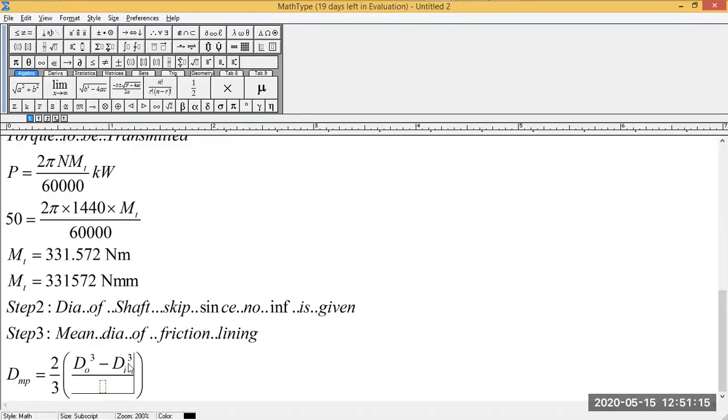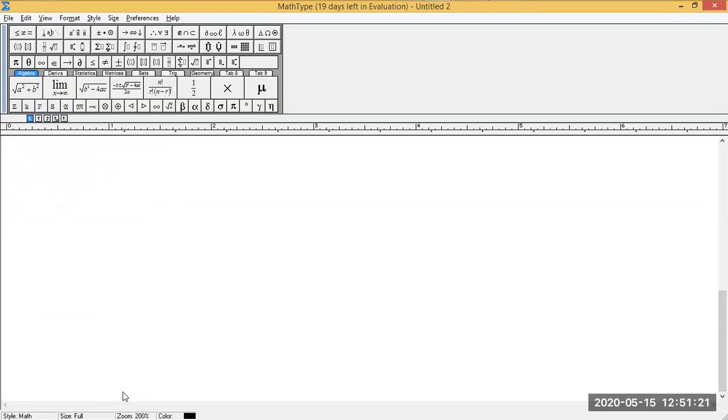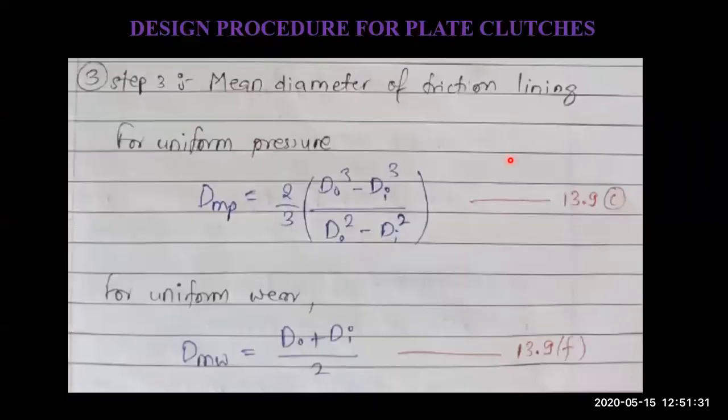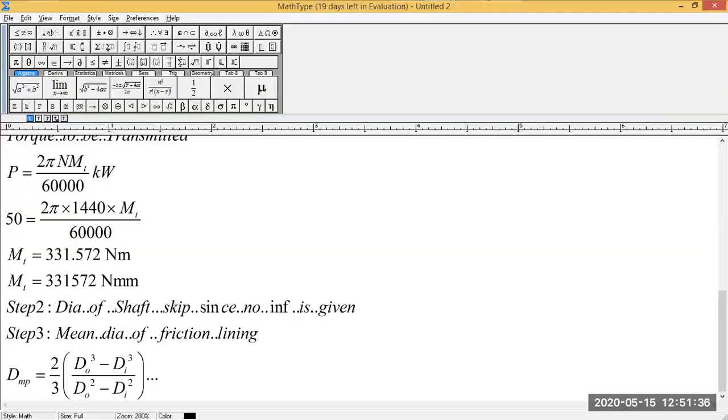I'll just copy the whole thing. Right, so this is the equation 13.9c.